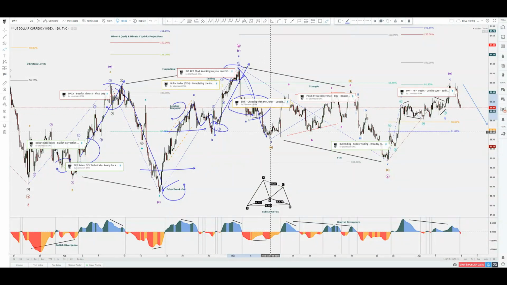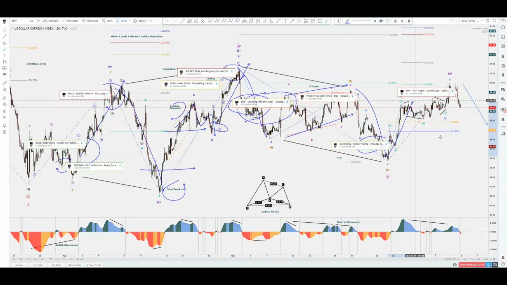I said the structure is becoming a little more complex with this pause, basically cheating with the Joker, right? And it unfolded as a triangle. On the FOMC press conference there, I actually called the downfall, so the way it unfolded put me on the right track for a possible bullish move, which occurred.